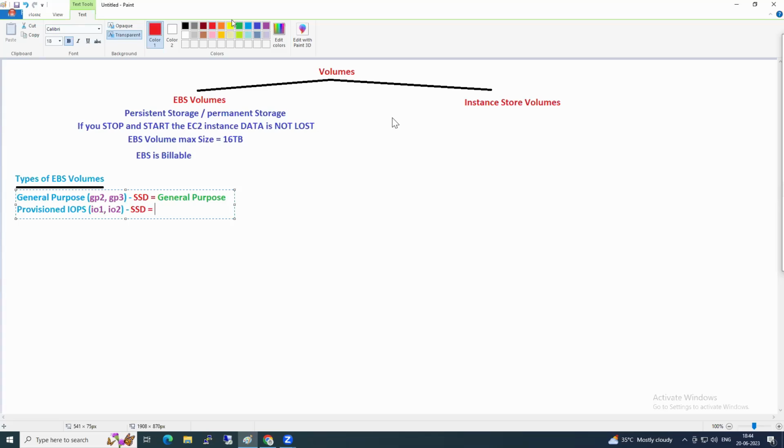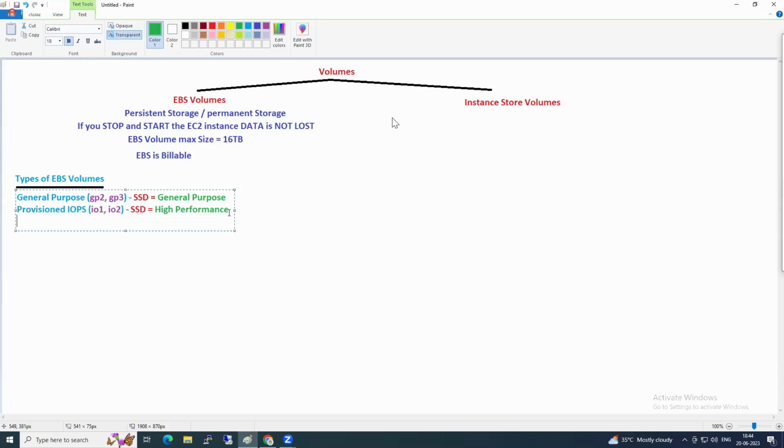If you want to go for high performance, then go for provisioned IOPS. What is the full form of IOPS? Input output per second. I'll write it down.